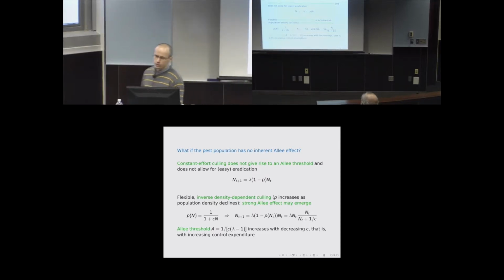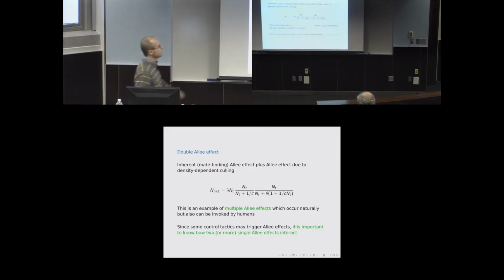So then you need to either rely on demographic stochasticity or another kind of stochasticity to control the rest of the population, or you can apply it only for populations which have an inherent Allee effect. But still, you can combine both. You can have both an inherent Allee effect and use this inverse density dependent control.